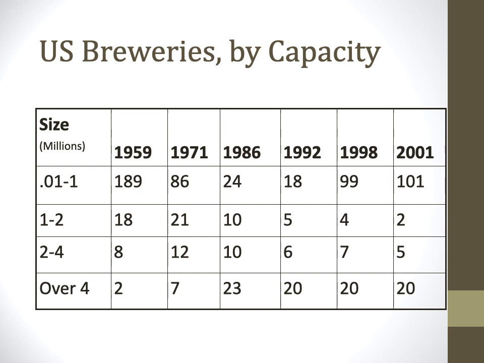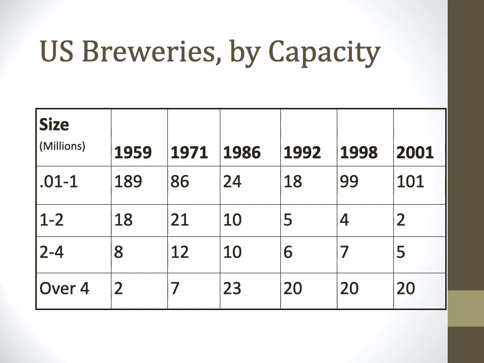And then most of the growth was in that large, efficient size breweries, the ones over 4 million, the ones who were taking full advantage of the economies of scale. And you can see that their numbers increased tenfold over this time period.